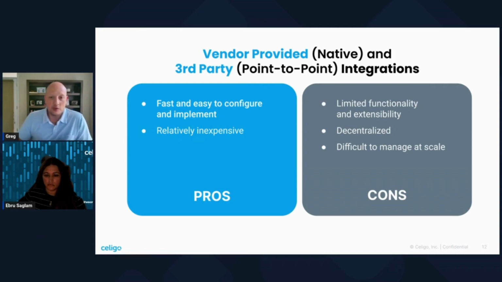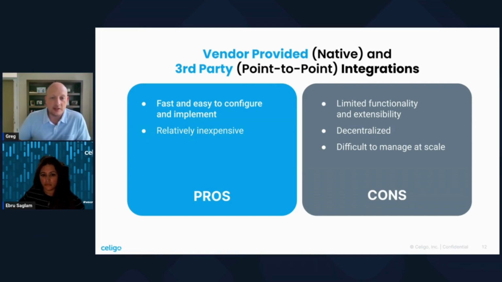But we've learned over and over that integration needs typically are more complex. They typically grow in complexity over time. So we tend to really dig in right up front and look at not just what your current integration requirements are, but what they might be in the future, two or three years from now, to make sure that you're future-proofing that integration.